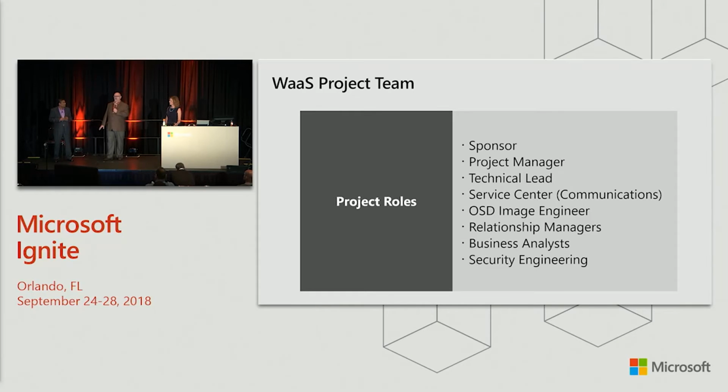The bigger ones I want to call out are the relationship managers. They were the ones that are key to figure out when we can do an upgrade to the business without impacting them. The other one is the business analysts, because they'll have knowledge of what applications the vendor supports on that version, and they can help create that ring around their application. And we'll get into a little bit of how that helps you later.